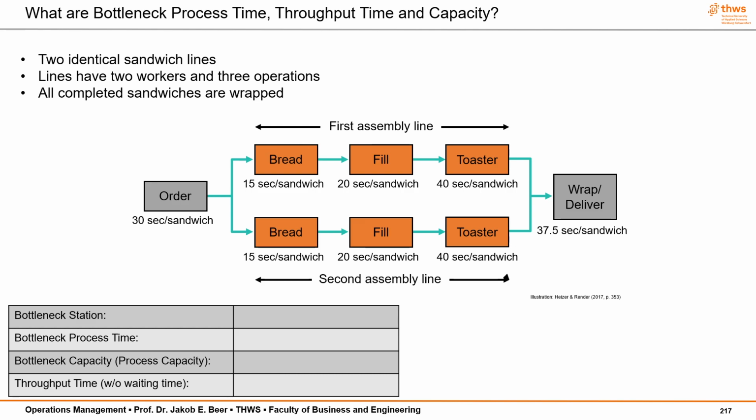And the sum of that is the throughput time. Also, again, we don't have waiting time here, so this is an idealized situation, right? Normally we do have waiting time.